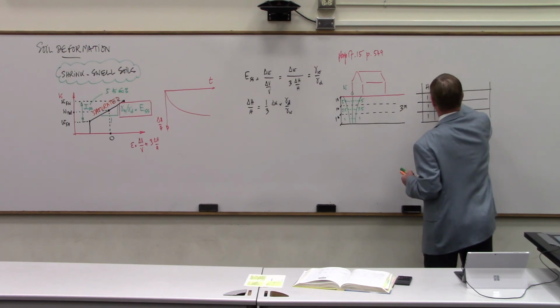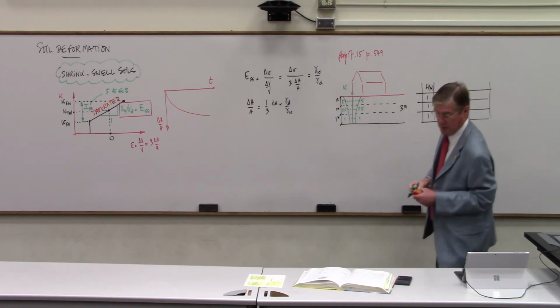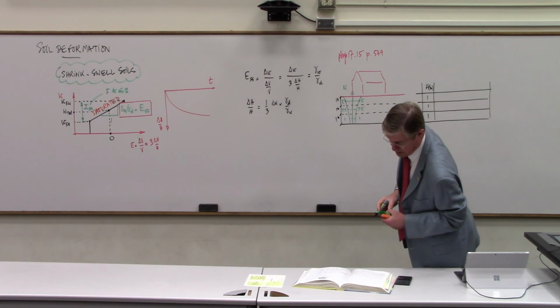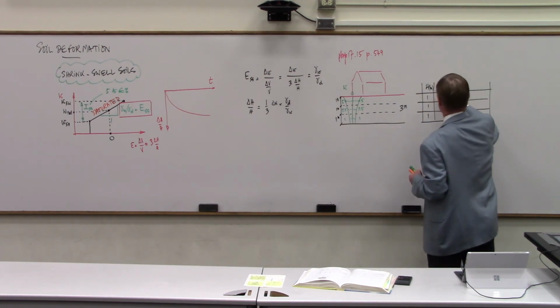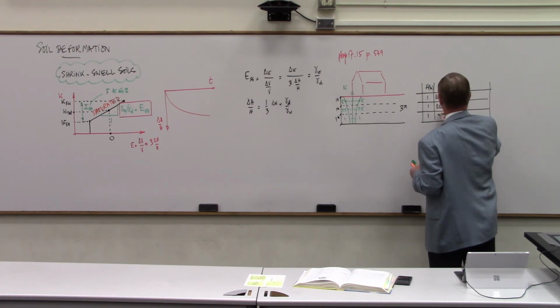This is the thickness in meters here. Then we're going to put the change in water content, delta W. So we said here it was 5%, so 0.05, 0.05, 0.05.